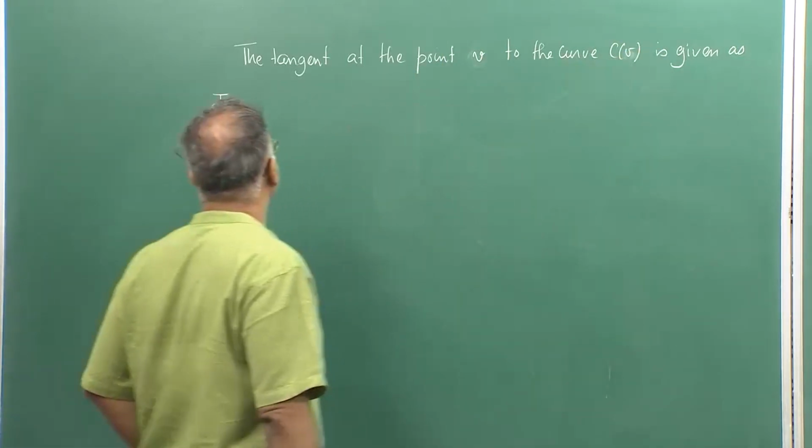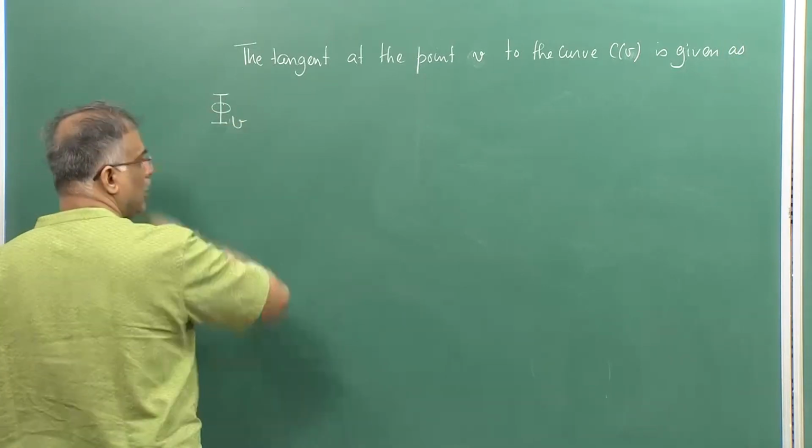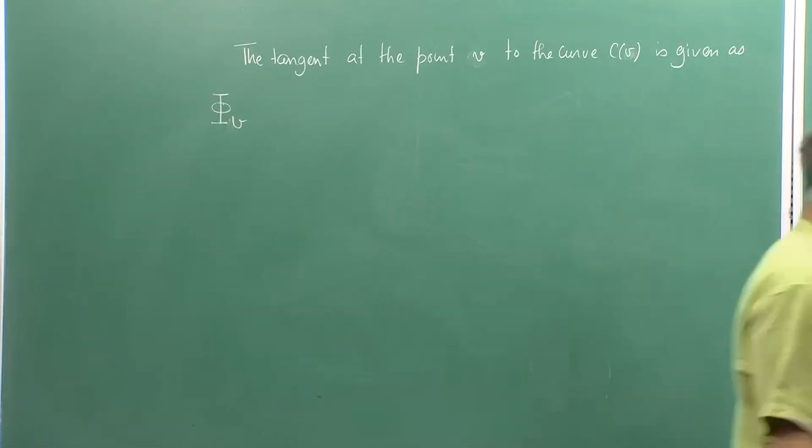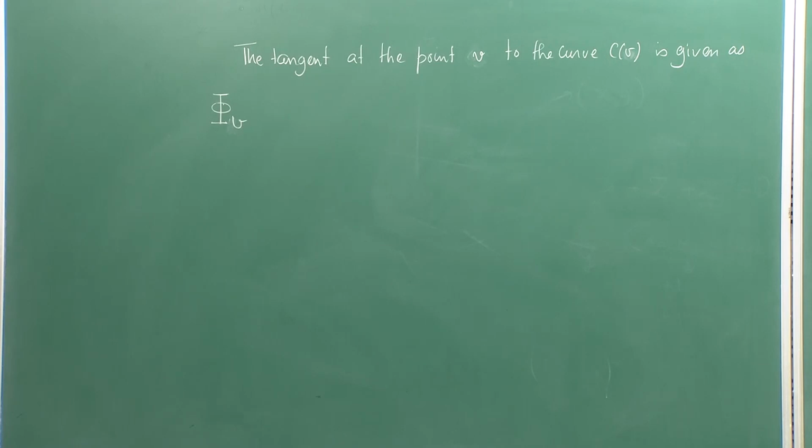So, it is phi of v that has to be evaluated at u naught v naught.